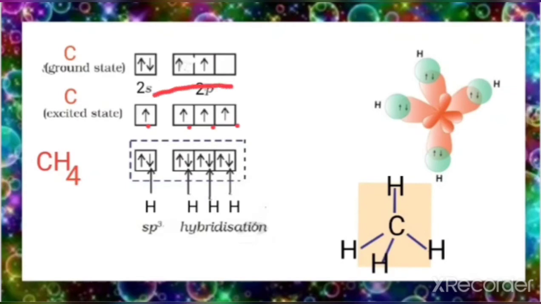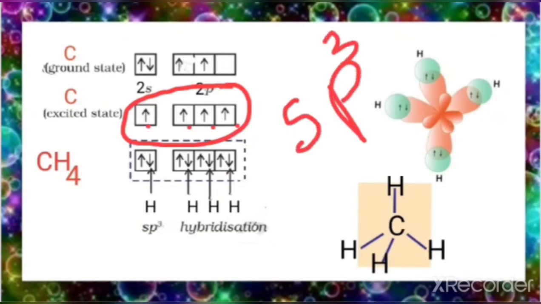So now these will undergo hybridization, that is the 2s orbital and 3 p orbitals. How is it 3? 1, 2, 3. 3p orbitals get hybridized. So this type of hybridization is called sp3 hybridization, because it involves 1 s and 3 p orbitals.